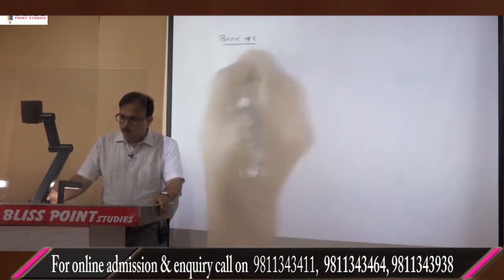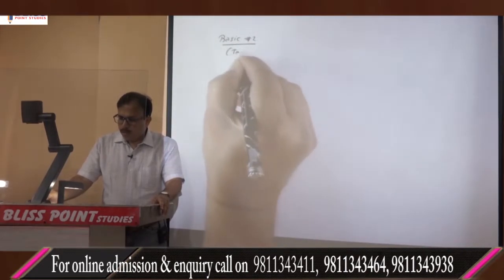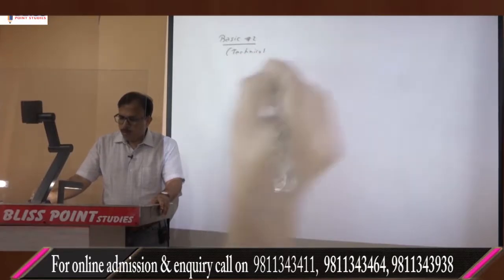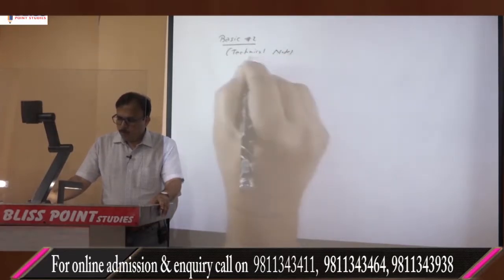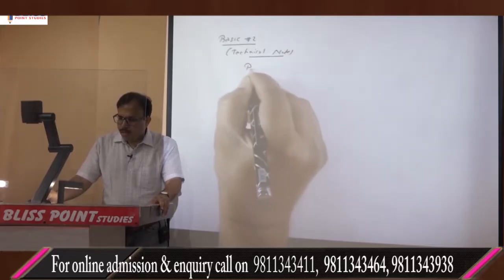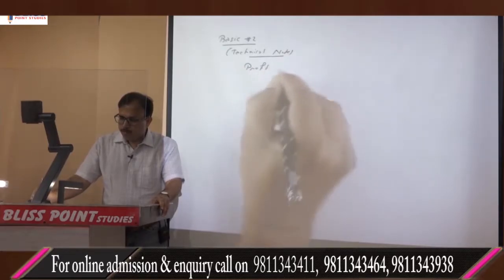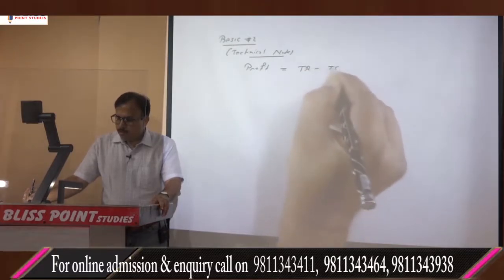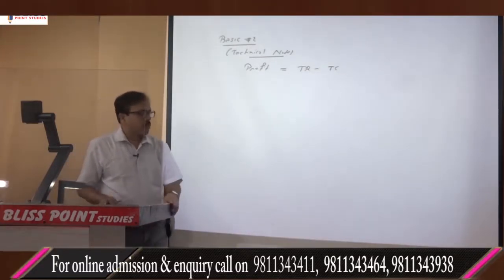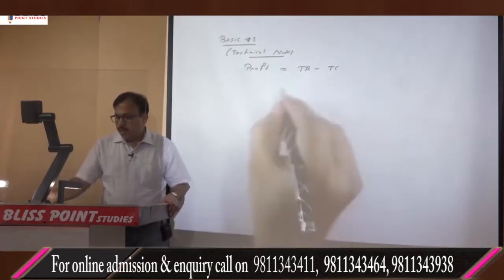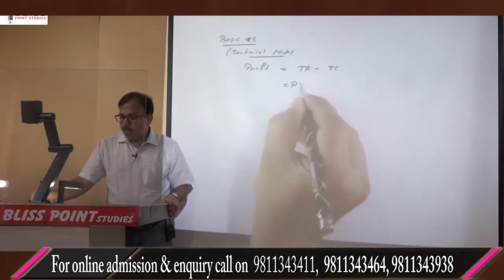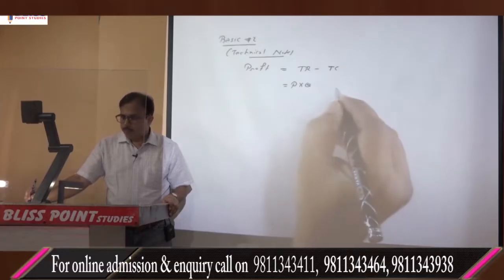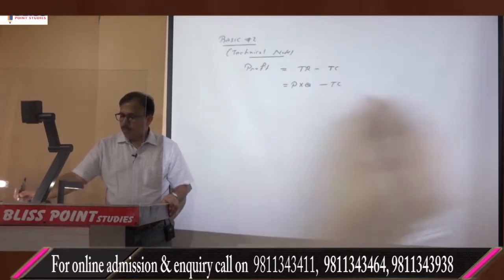Basic note number 2, or technical note number 2. Again write down the equation for profit. So profit is the difference of revenue and cost, and revenue is nothing but price into quantity, minus cost.